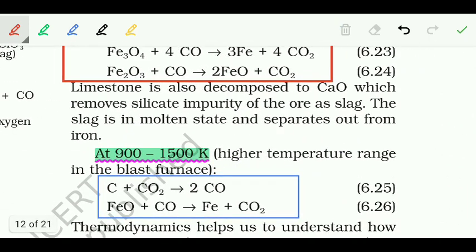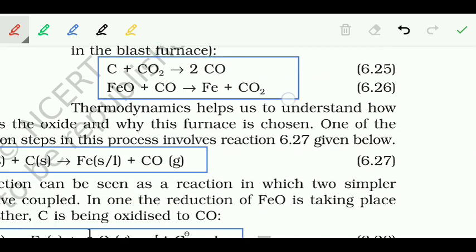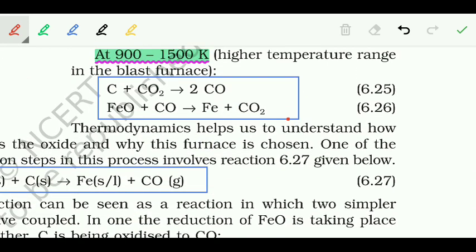So now let's look at the reactions taking place at 900 to 1500 Kelvin. That is a higher temperature range in the blast furnace. At this temperature, carbon and carbon dioxide combine together and are converted into carbon monoxide. This is the first reaction.